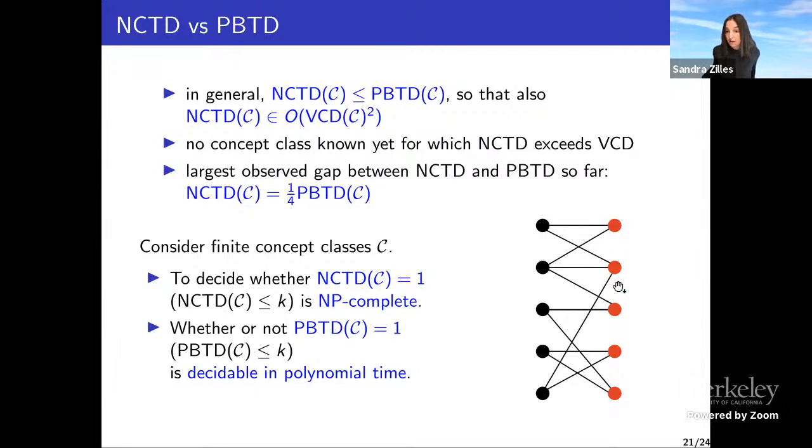Now, if these are all sets of size 1, then to have a teacher mapping of order 1, you would have to find a matching that assigns a teaching set to each of these vertices. And in no-clash teaching, that matching cannot have a forced cycle of this kind. If I were to assign this set to this concept, and this set to this concept, I would have a clash, because these show that I have mutual consistency.